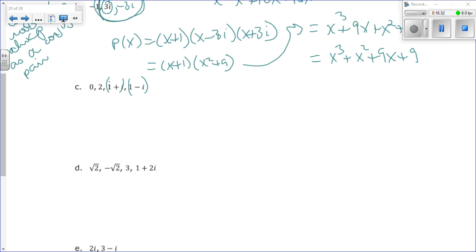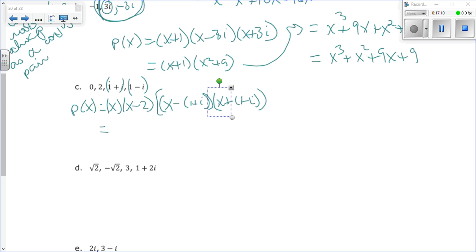So p of x would be x minus 2, and it would be x minus in parentheses 1 plus i, and then x plus 1 minus i.